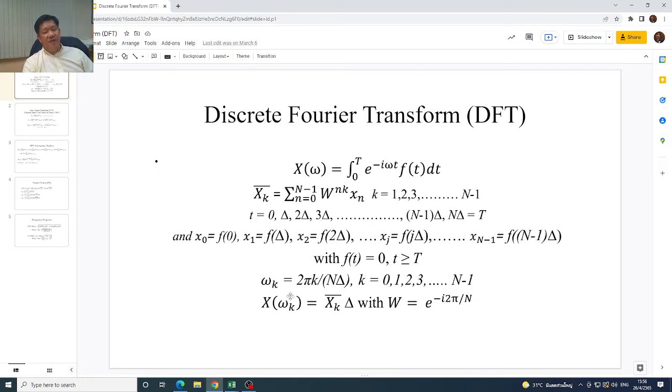So to finish evaluating X bar k, you need capital N square multiplications and capital N square summations.